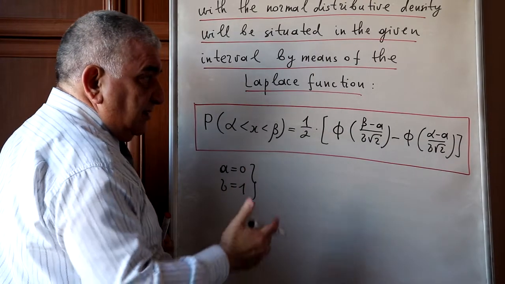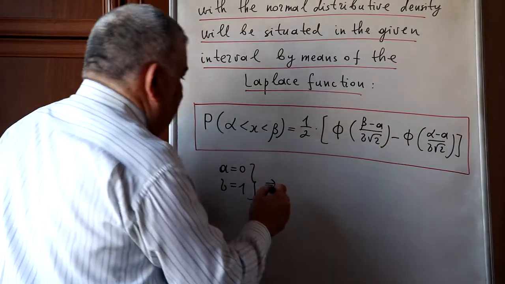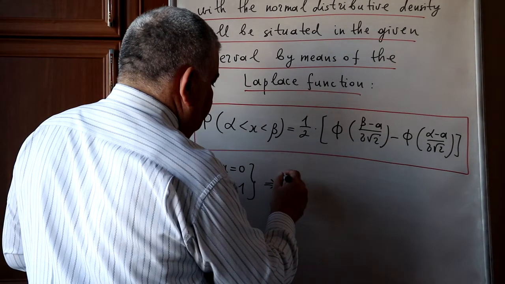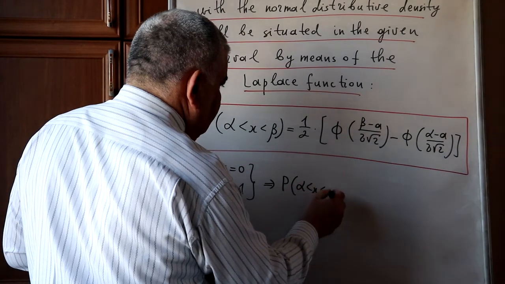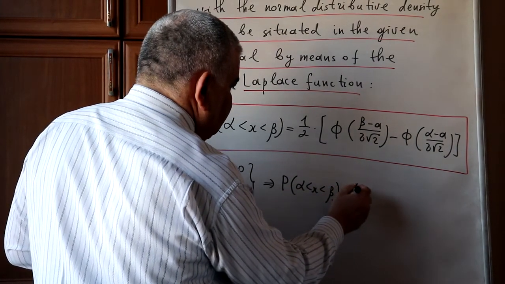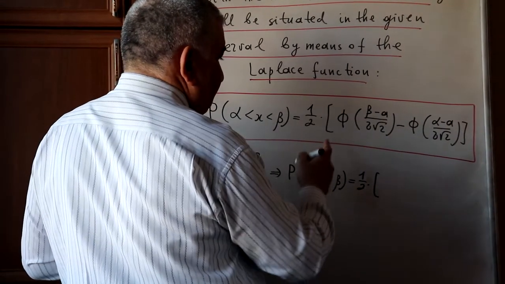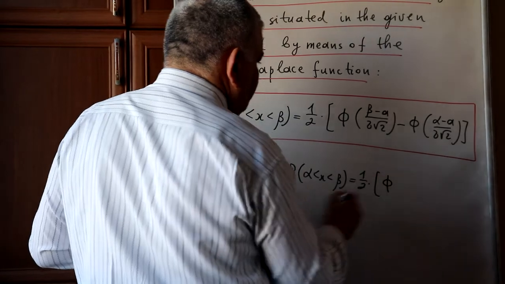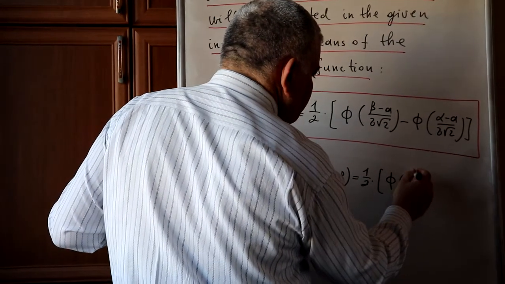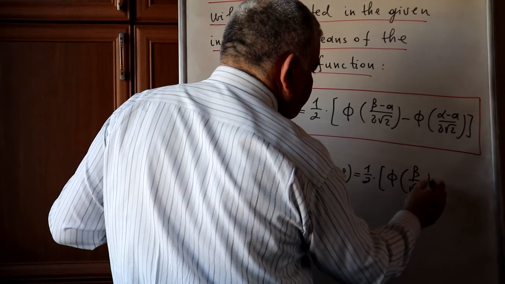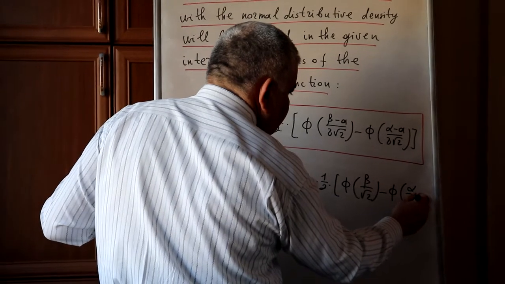I want to simplify this formula. P that alpha is less than x is less than beta equals 1/2 multiplied by phi capital of beta over square root of 2 minus phi capital of alpha over square root of 2.